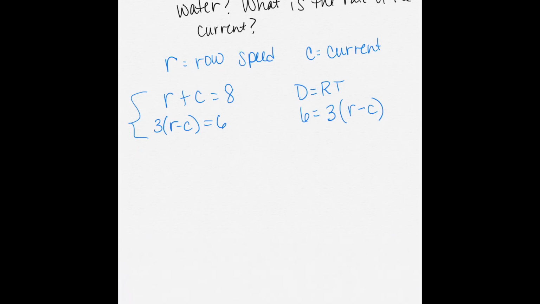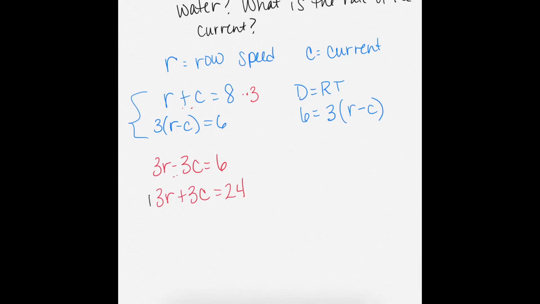Let's, again, pause the video if you want to solve it yourself. I'll keep going. This bottom one is 3r minus 3c equals 6. I need my top equation to have an additive inverse. I notice that my c's already have opposite signs. So if I multiply the first equation times 3, I'll get 3r plus 3c equals 24.